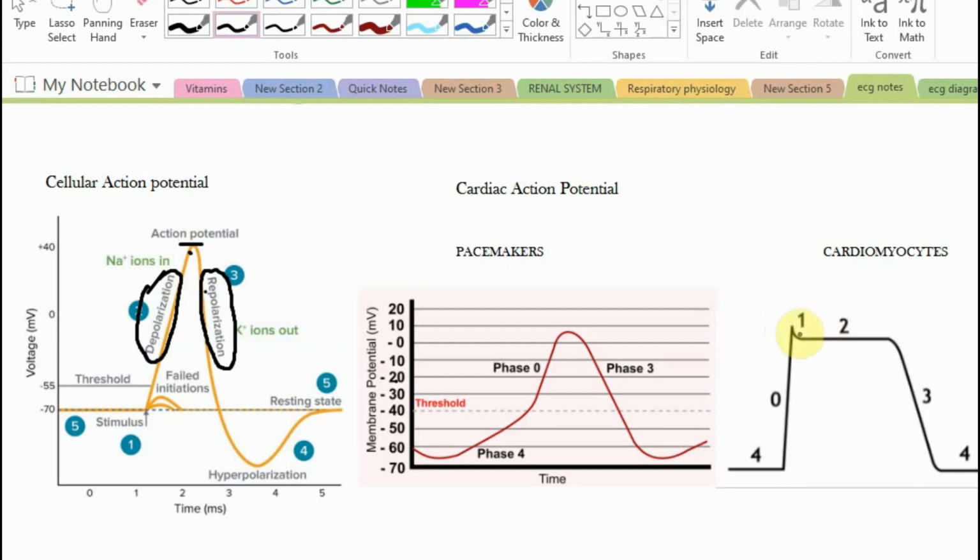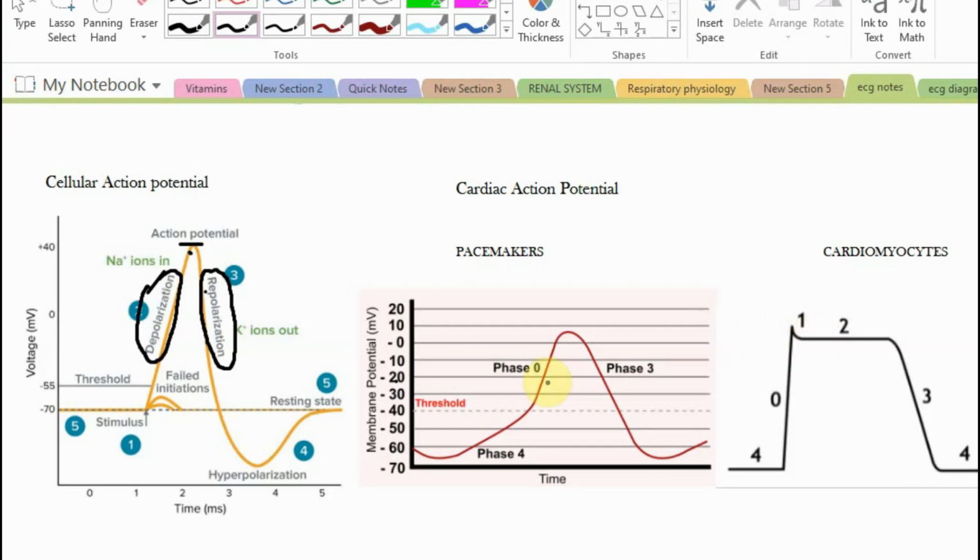During this phase two things happen, which makes it different from pacemaker cells. First, the potassium channels open, and that's why you can see a drop in the voltage, and also over here the L-type calcium channels open.